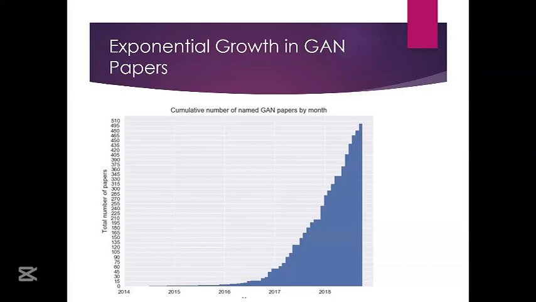But with time, you will see that the generated things are getting better and better than before. The reason is that a number of researchers and papers are going on about the GAN, and you can see the exponential growth of the papers being released for the GAN.